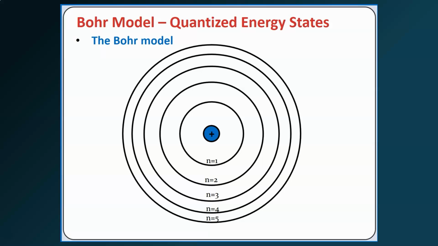In the Bohr model, the energy of an electron is quantized, which means an electron in an atom can have only particular discrete values of energy. We label these values of energy as energy levels. N equals 1, N equals 2, N equals 3, and so forth.